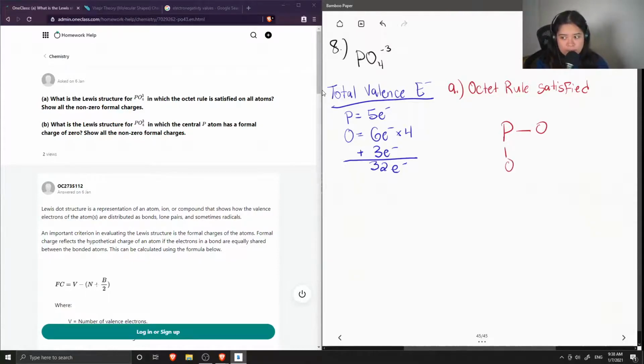So if we were to draw phosphorus in the middle with all of the oxygen atoms symmetrically placed around it, then our phosphorus atom has its octet rule satisfied. And if I were to draw all of the lone pairs on oxygen, then each oxygen atom has the octet rule satisfied as well.